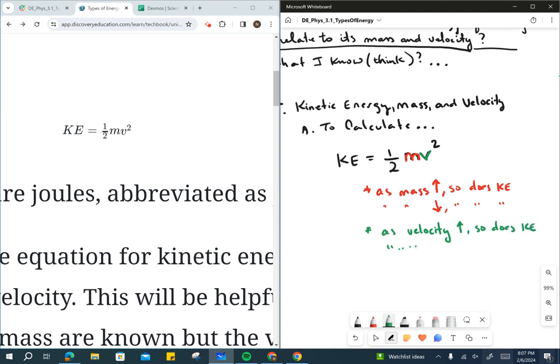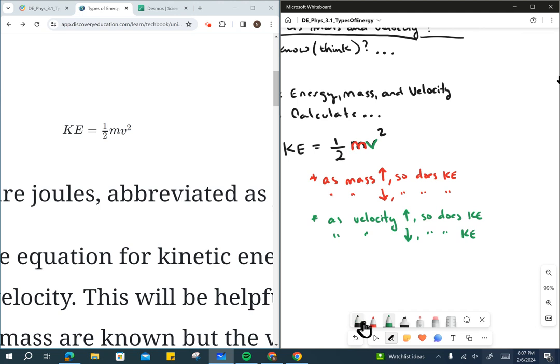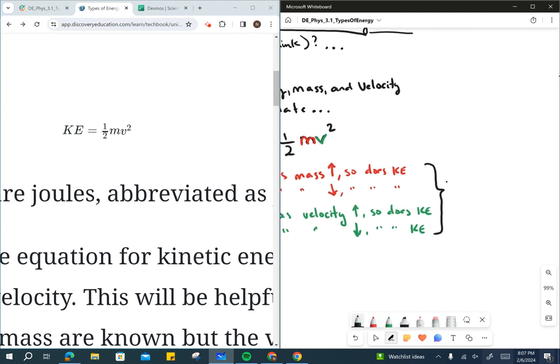And as velocity decreases, so does kinetic energy. That's why we say they are directly related, aka proportional.